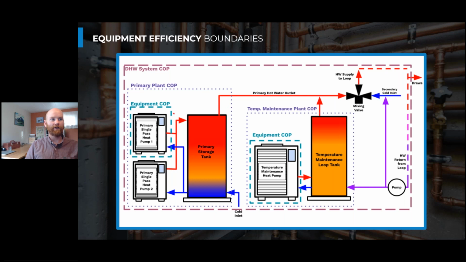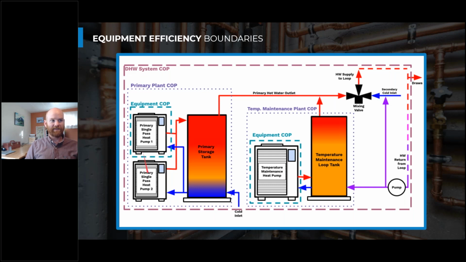While our equipment COP might be published by a manufacturer at a COP of 4, the domestic hot water system COP, based on the climate conditions and the entering water temperatures and how this system is configured with the backup and temperature maintenance system, might be reduced to 3.0 from that 4.0 number.